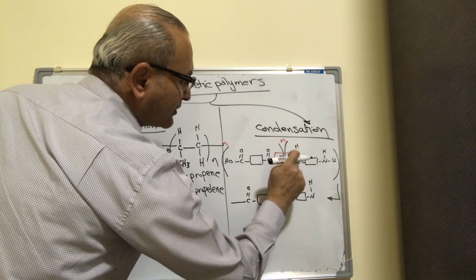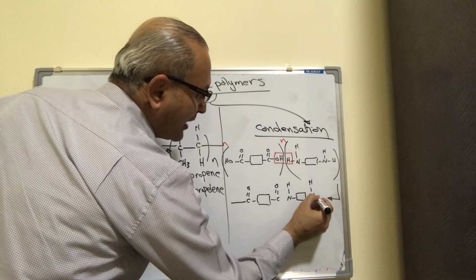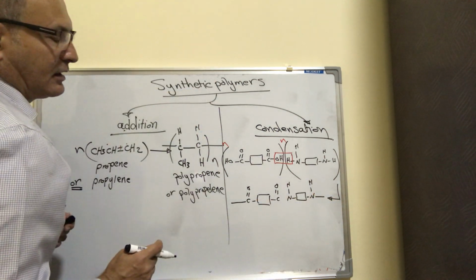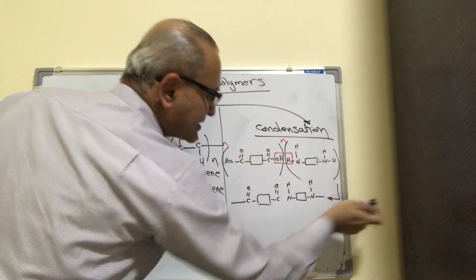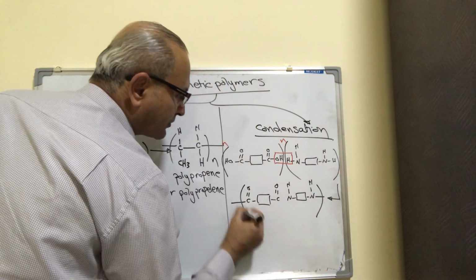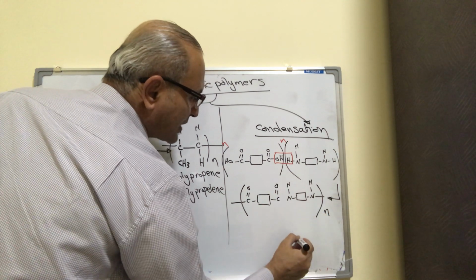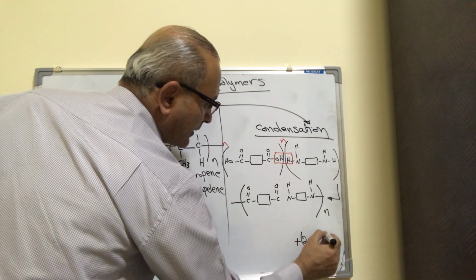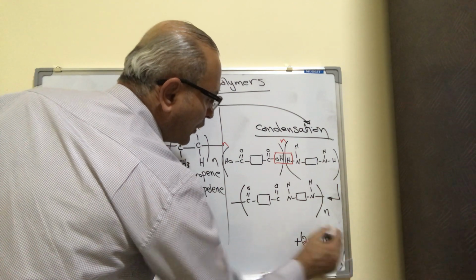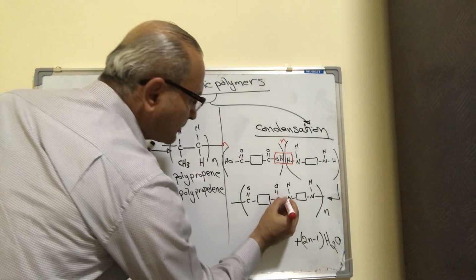It is sharing all the time with the hydrogen. So in this side I would remove it. Removing it means that it is lost with another monomer beside it, and you would write what? N here, again plus 2N minus 1 H2O. This is the bond.